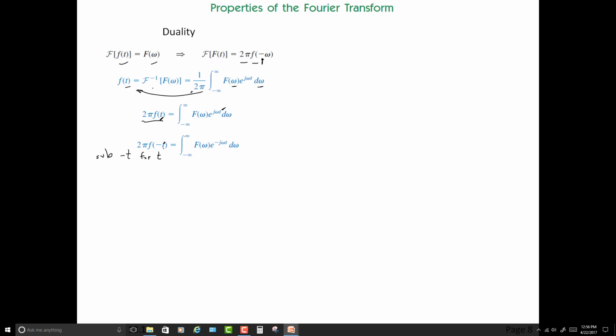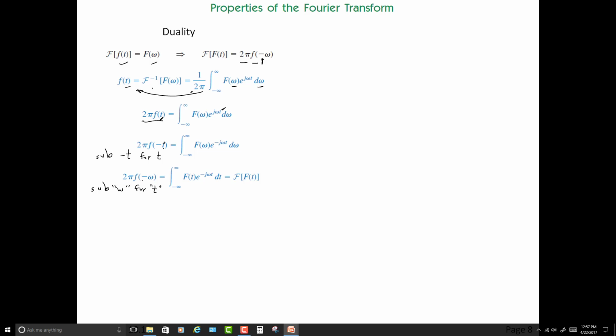We're just doing this because this is going to lead to the duality that we want. All right, and now we substitute omega for t. We want to take the dual approach. Substitute omega for t.